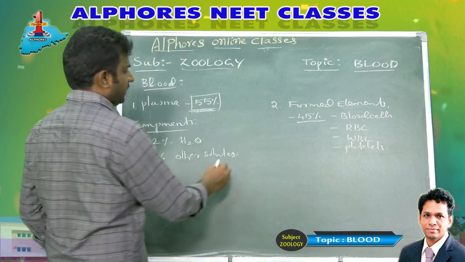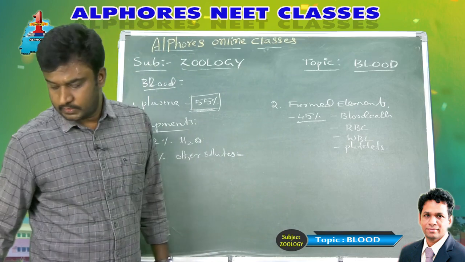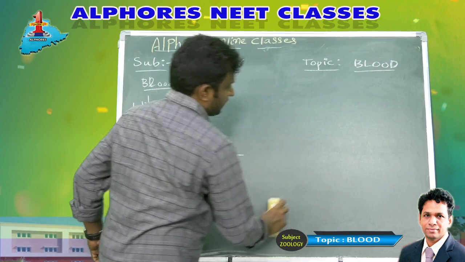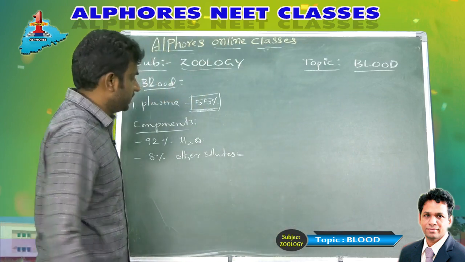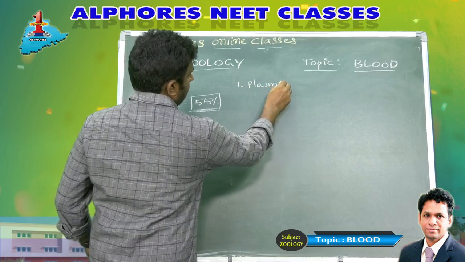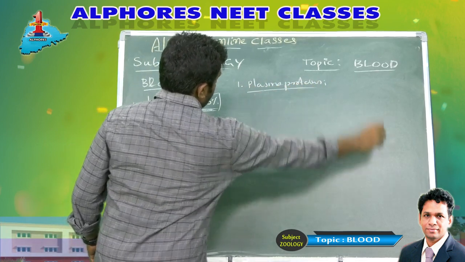What are the solutes present in the blood plasma? The first solutes are plasma proteins.